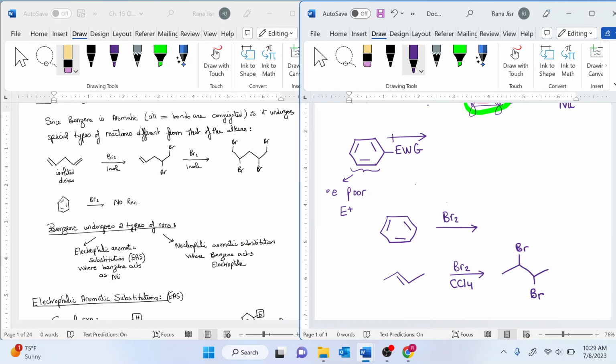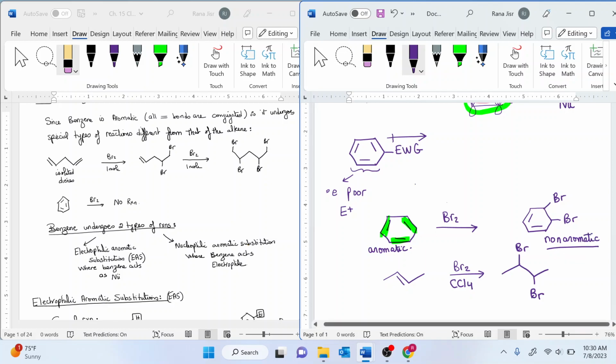Now with benzene, it's different because all of these double bonds over here are conjugated. So if you break one, then in this case, you will result with a non-aromatic compound. So if this reaction happens and you break one double bond in there, you are going to go from an aromatic compound to a non-aromatic compound.